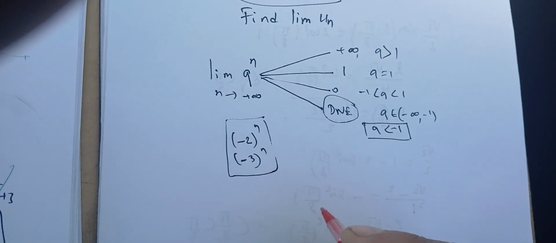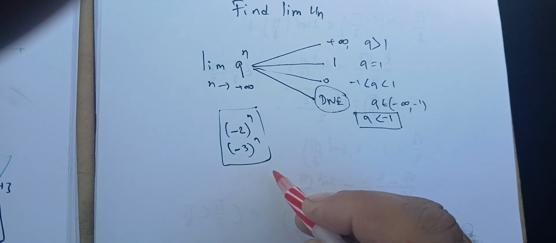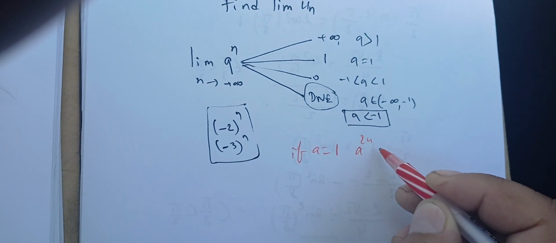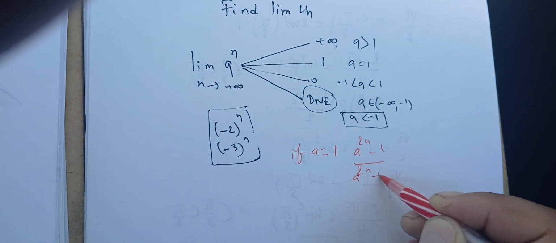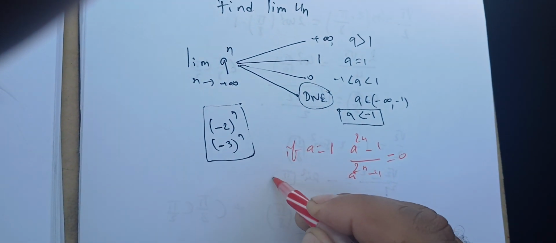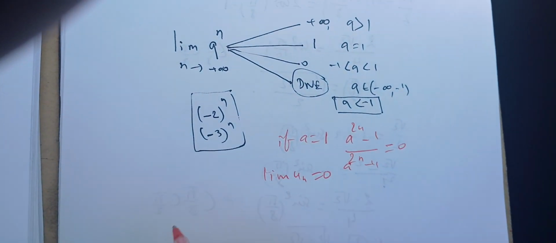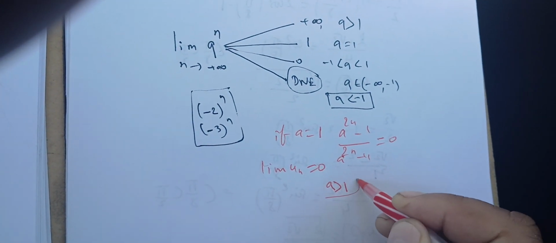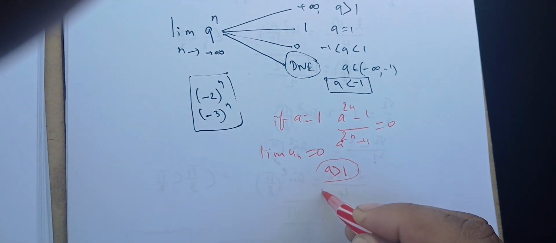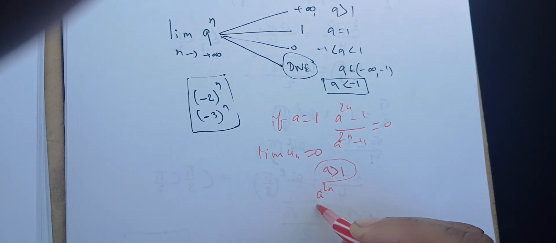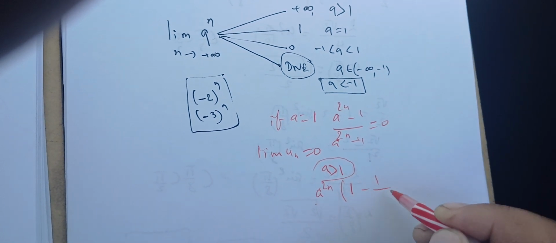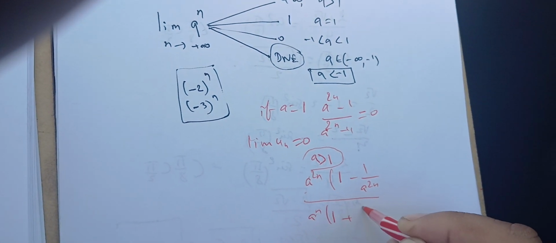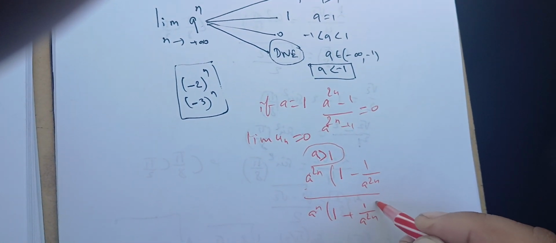Now if a is 1, we have a to the power 2n minus 1 over a to the power 2n plus 1, which is just 0. Therefore, the limit of un is 0. If a is bigger than 1, we can factor out a to the power 2n, and we have a to the power 2n times 1 minus 1 over a to the power 2n, over a to the power 2n times 1 plus 1 over a to the power 2n.